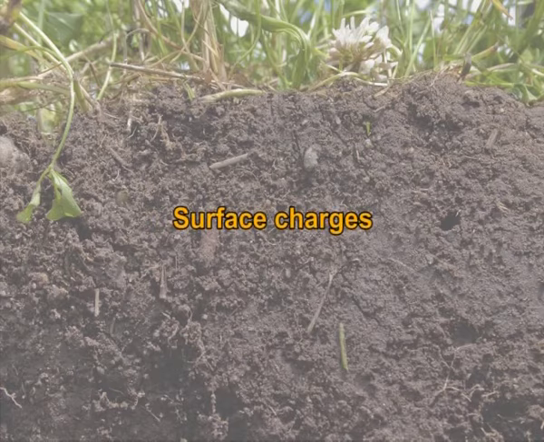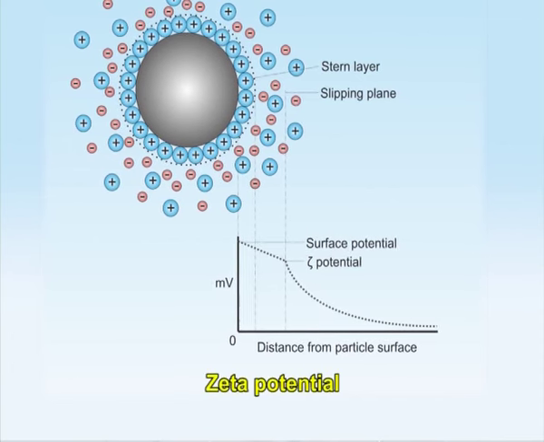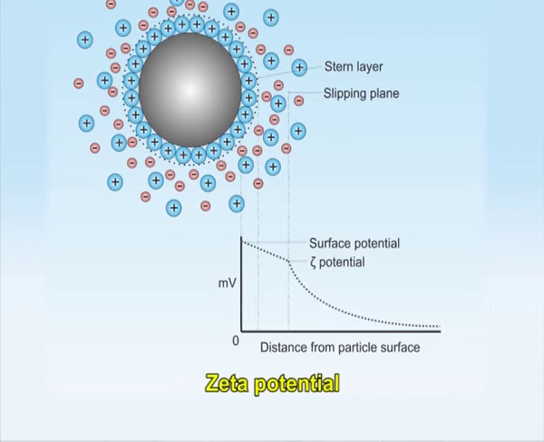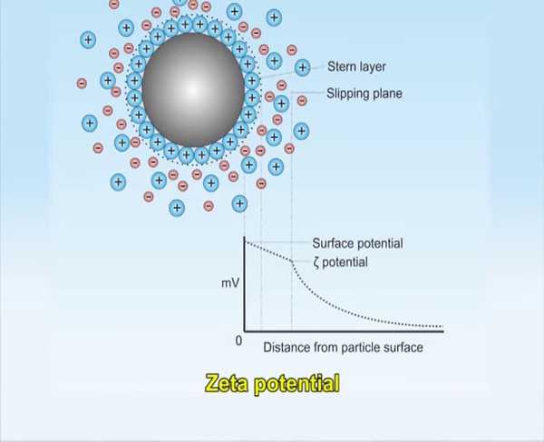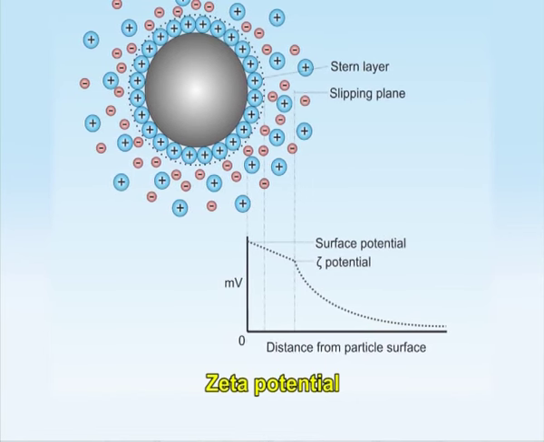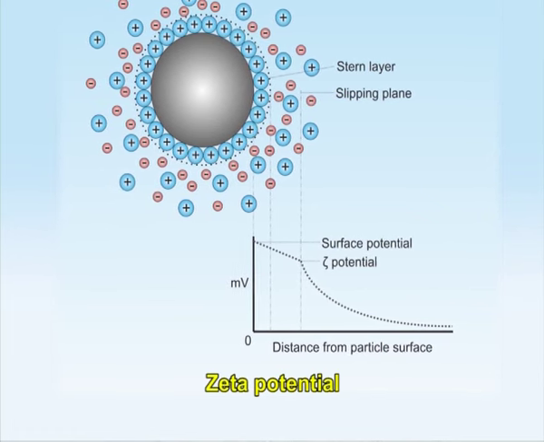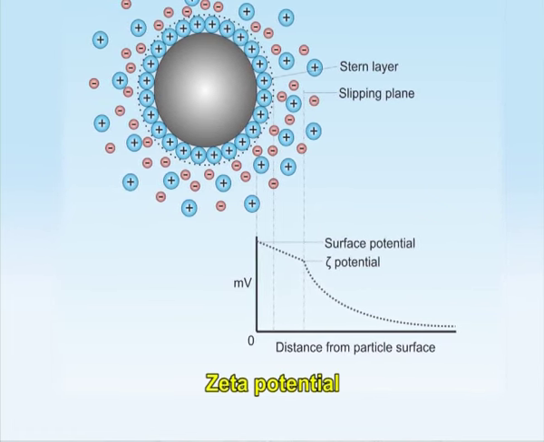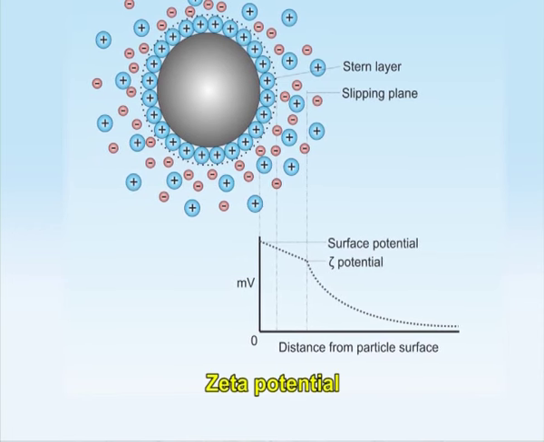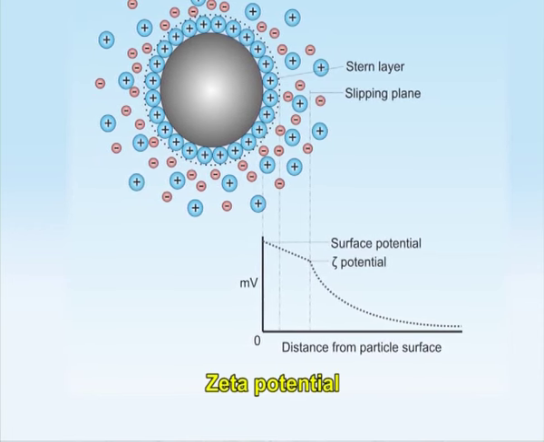Surface charges. Both external and internal surfaces of soil colloids carry negative or positive charges or both. Most of the organic and inorganic soil colloids carry a negative charge.